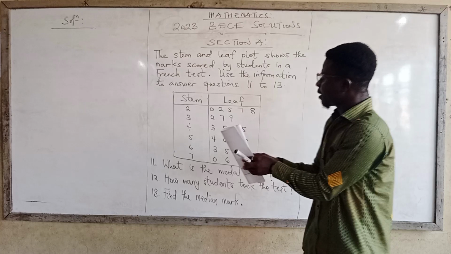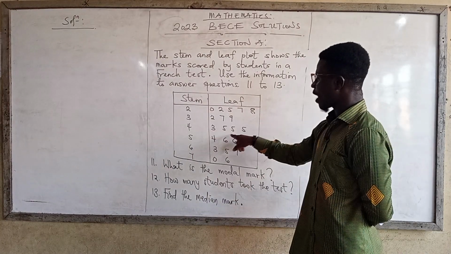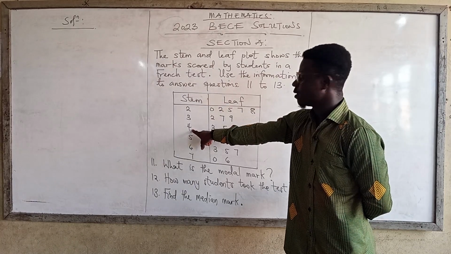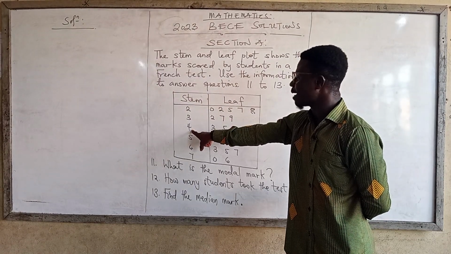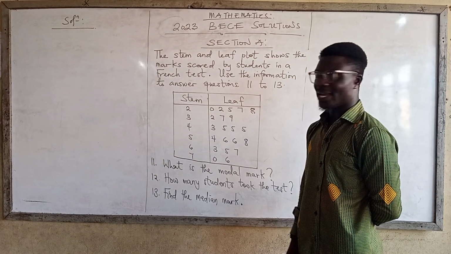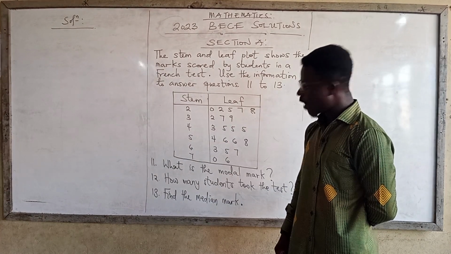Okay, so now let's see. You can see that 5 appears the most. So you have to attach the stem to it. The corresponding stem is 4. So when you combine the stem and leaf, you obtain 45.